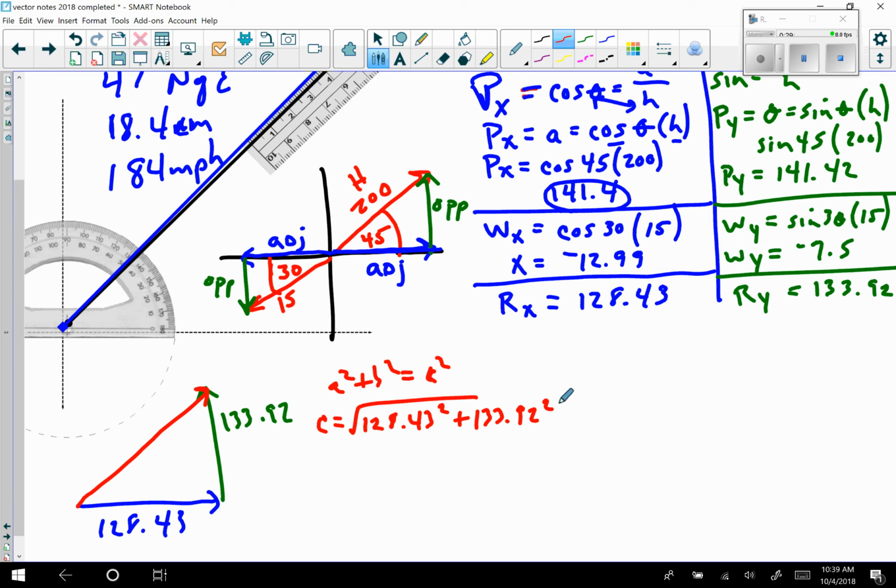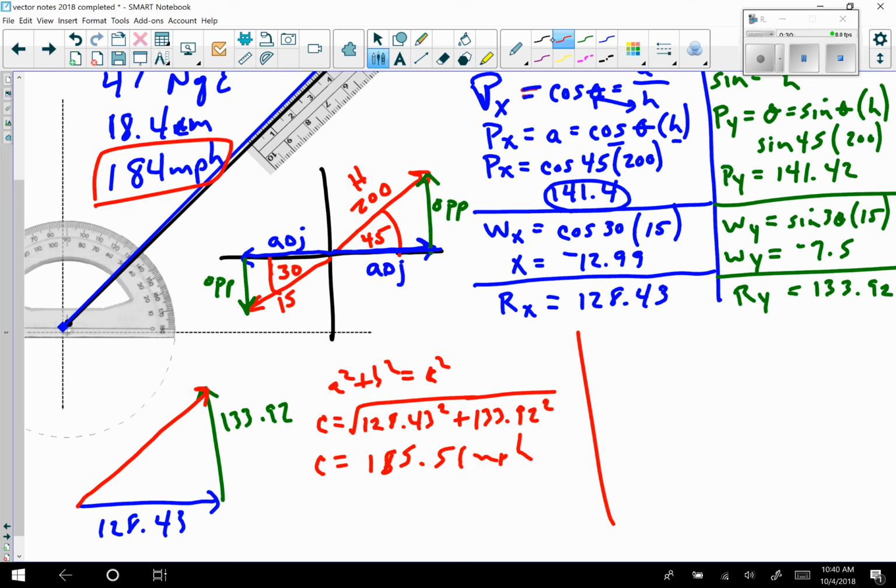Sorry about my bad handwriting. And so that means the plane is actually going to go 185.51 miles per hour. Now we got 184 when we did it the ruler way, so we weren't too far off. Now let's do one more.